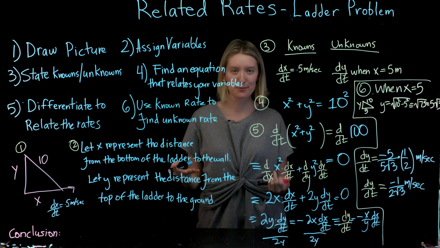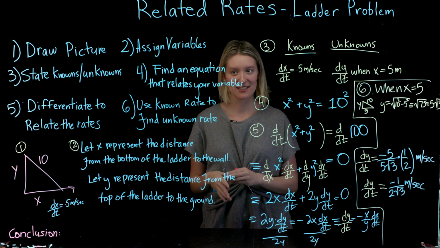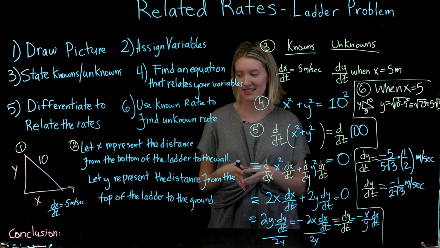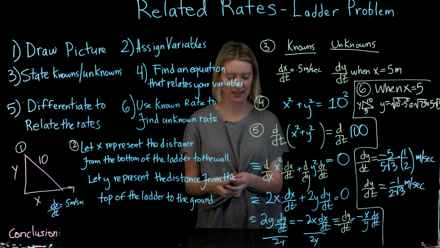So I know you've just completed all 6 steps to a related rates question, but because I want to develop good habits, I'm really going to encourage you to write one conclusion sentence in words, relating all of the math we just did to the actual context of the problem.